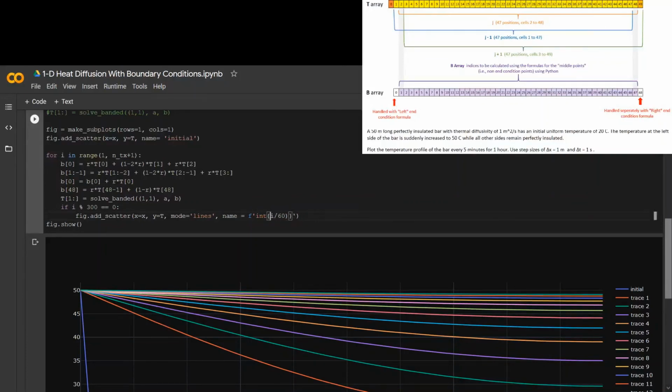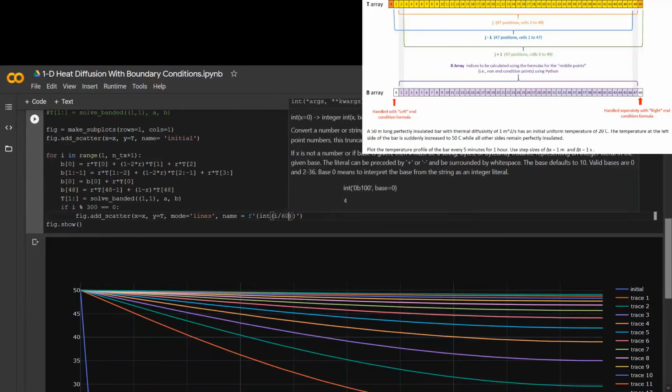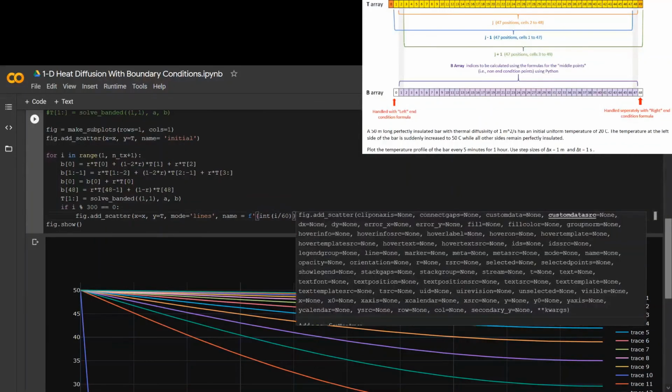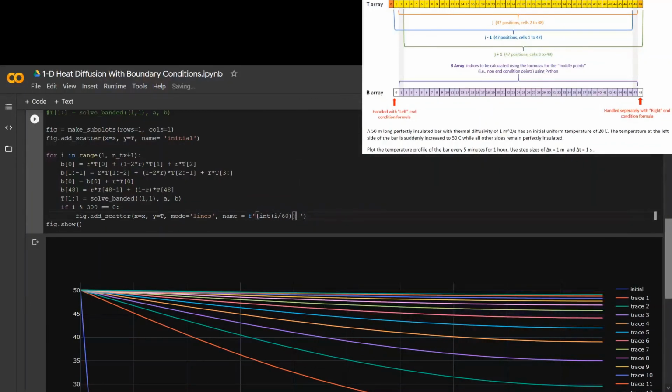No. Yeah, I need parentheses here. That still doesn't look right to me. I put the parentheses in the wrong place. Okay, now I believe that's correct. And with that unit, that will be minutes. Maybe I don't need that. Maybe I can just type it. Okay, cool. So let's see if that works.